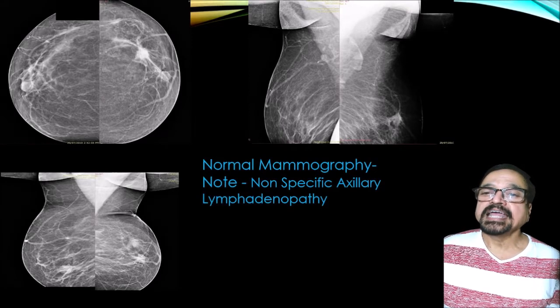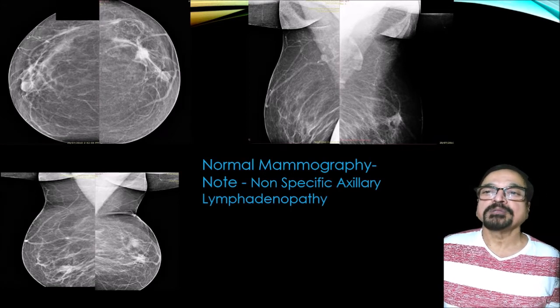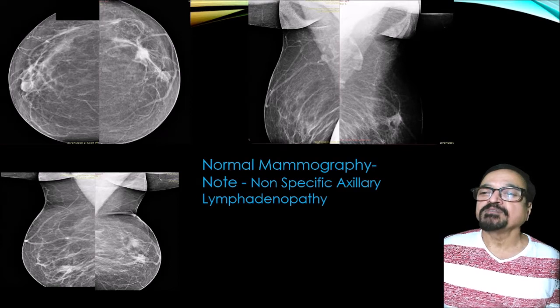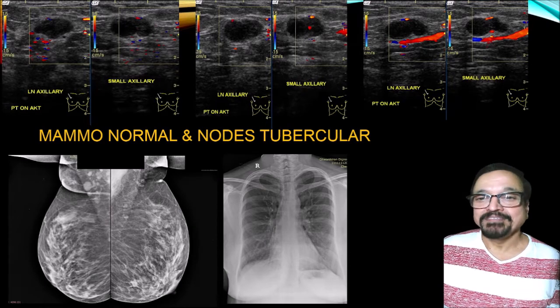Now often a normal mammogram can show different findings. We should not call them pathology because they may not be abnormal. It can be just a normal finding. One of them is axillary lymphadenopathy, which is extremely common. Not all the time are the nodes insignificant.